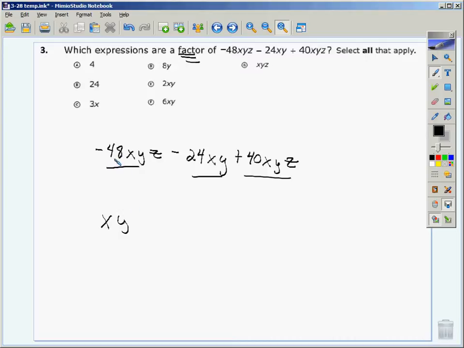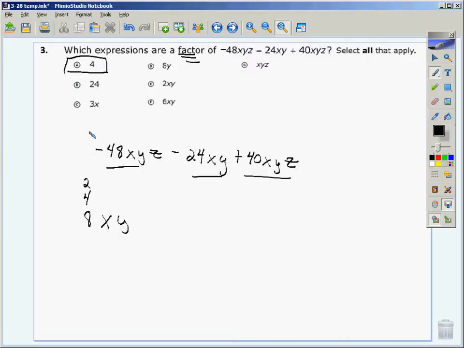What will go into 48, 24, and 40? 8 goes into it. 4 goes into it. 2 goes into it. Obviously, they're all even numbers. Does 6 go into all of them? No. So, is 4 a factor?